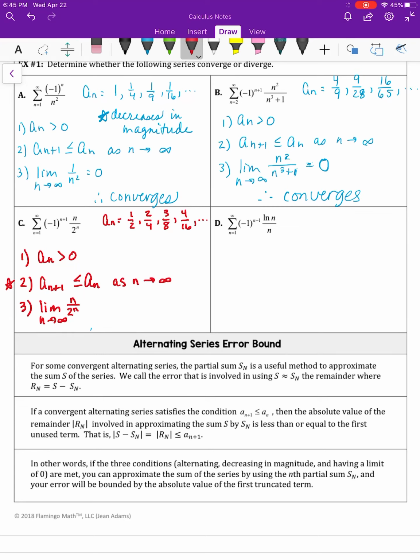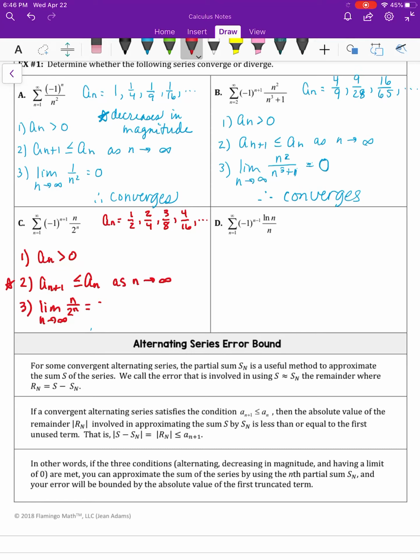Number 2 is the one where you are asking, is it decreasing in magnitude? And it can be equal to, but has to be decreasing in magnitude as n goes to infinity. And it is. Number 3, the limit as n goes to infinity of your a sub n, so this would be n divided by 2 to the n. We have to figure out what this is.